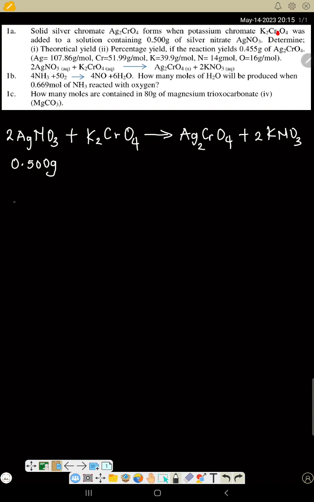So I'll start with this 0.500 gram of silver nitrate.